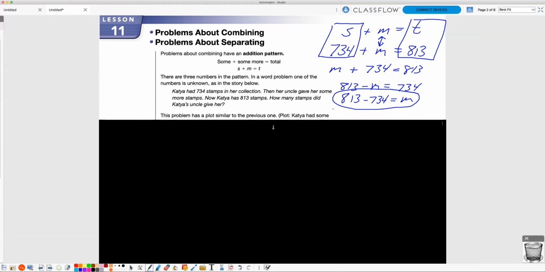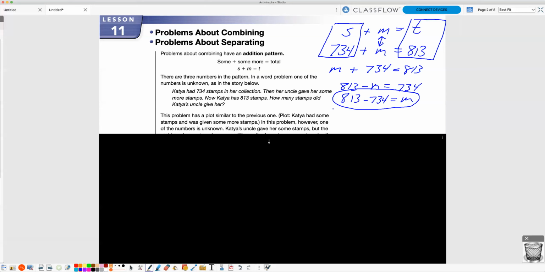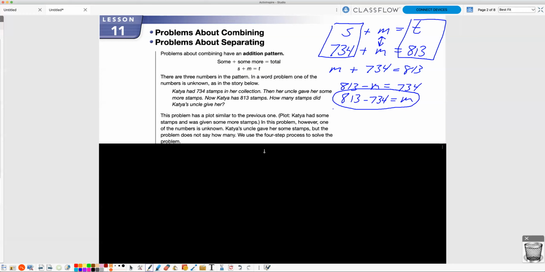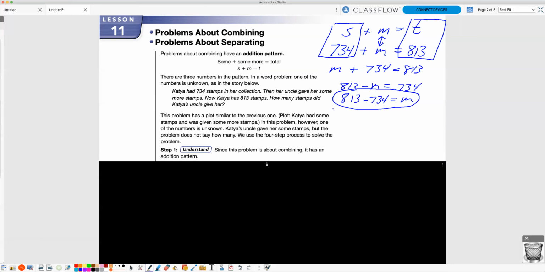So in this problem, it has a similar plot to the previous one. The plot is Katya had some stamps and was given some more. However, one of the numbers is unknown. Katya's uncle gave her some stamps, but the problem doesn't say how many. We use the four-step process to solve the problem. Step one, since this problem is about combining, it has an addition pattern.